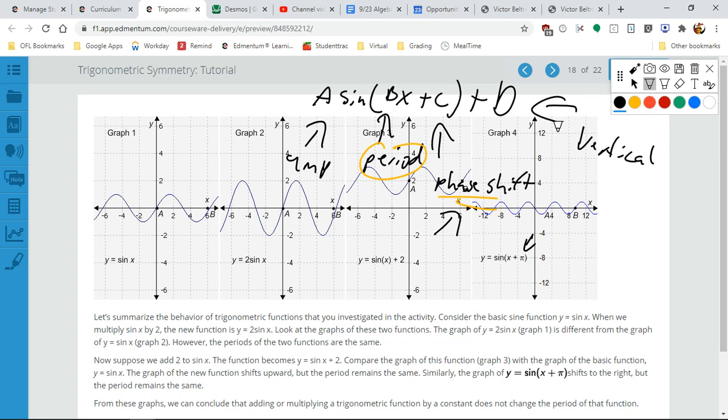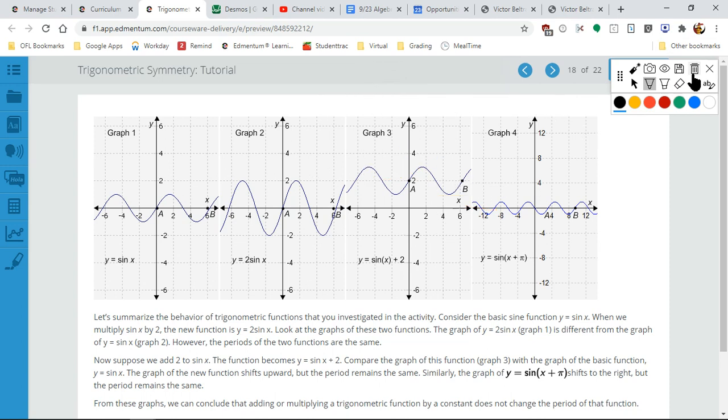This is not affected by the A, luckily. The C, changing it left and right, is kind of affected by the period because obviously if the period changes our starting point, it kind of changes the phase shift a lot. It's very weird. If you factor it out, it's a lot easier. I'll show you guys how to do that when we get to that point.